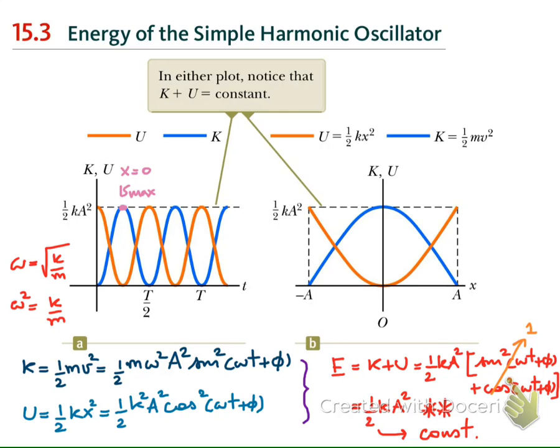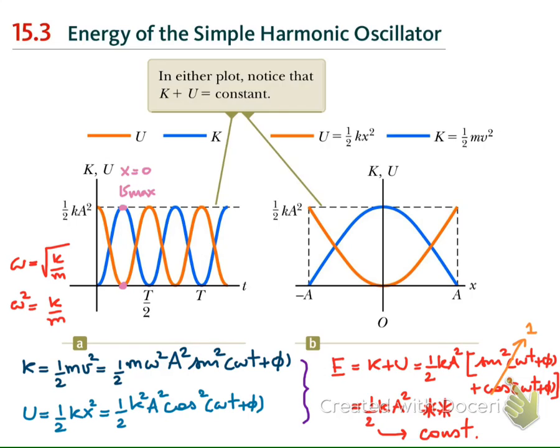The object is at the equilibrium position. So at x equal to 0, the potential energy, which equals half of k x squared, is 0 here. So at the equilibrium position, the kinetic energy is maximum, while the potential energy is minimum.